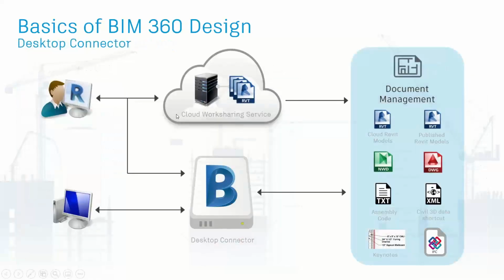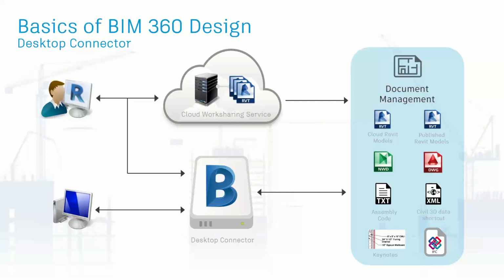And at the end, we have a BIM 360 desktop connector. And I say this because usually desktop connector is an interest for those non-Revit users that they need to have access to the information. And what is desktop connector?